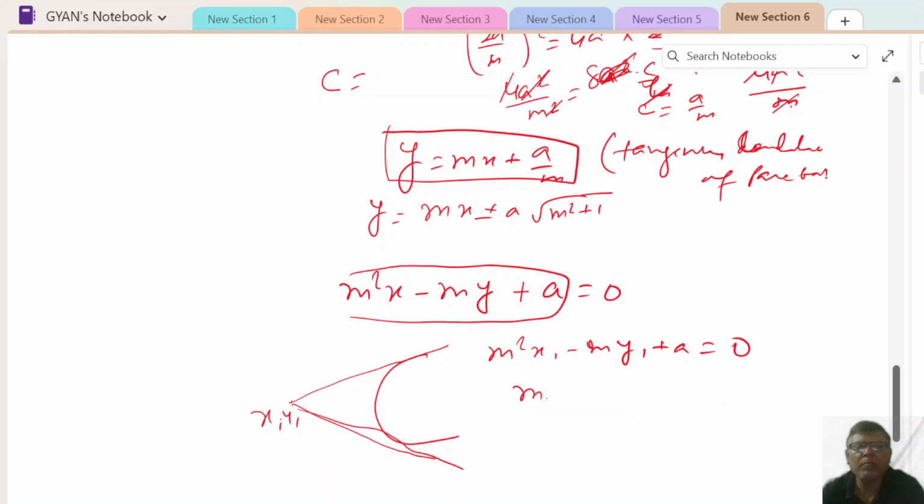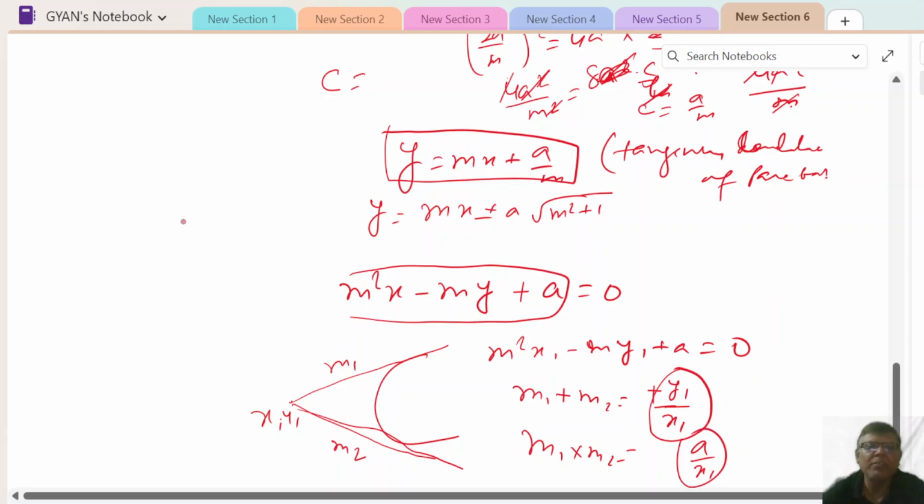So m1 plus m2 is equal to y1 by x1, and m1 into m2 is equal to a by x1.